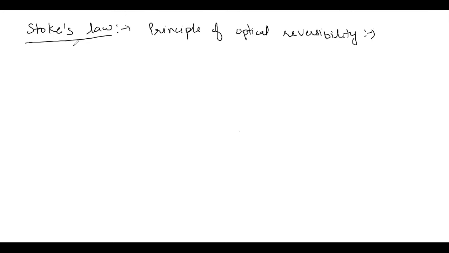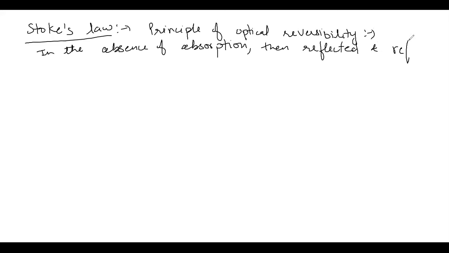And this law basically states that in the absence of absorption, we are saying that there is no absorption of light, then reflected and refracted light, at the interface between the two surfaces, there will be either reflection or refraction, or even if both of them are there, only those two possibilities exist.